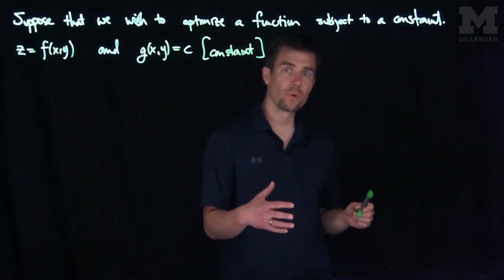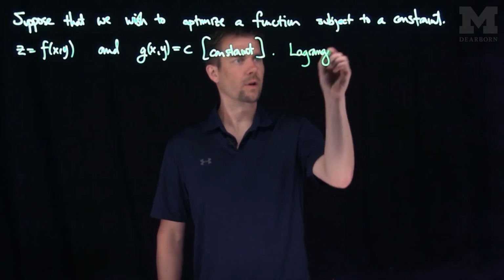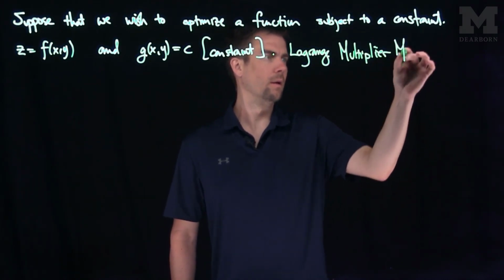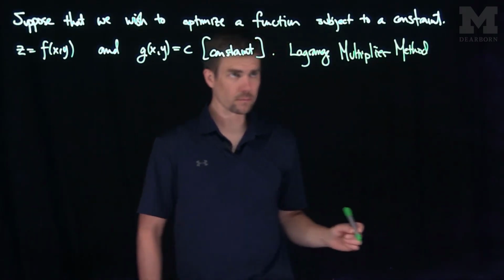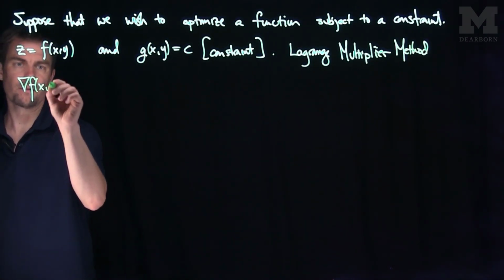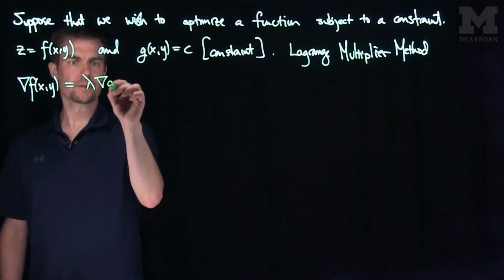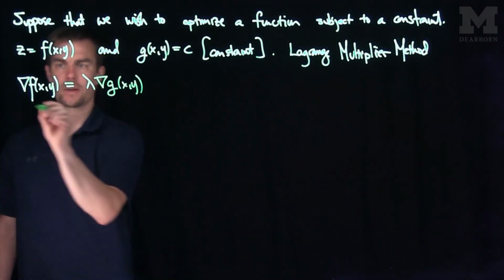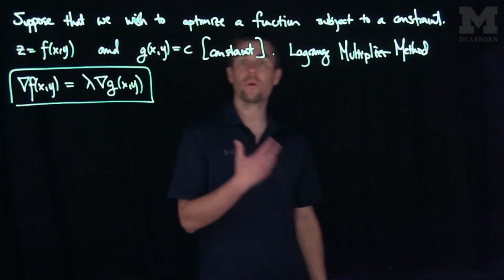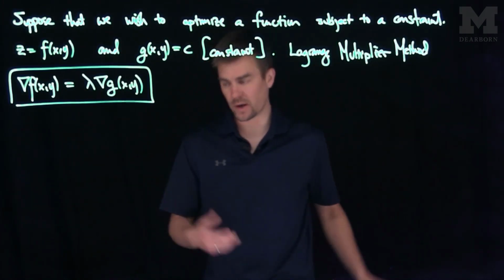The Lagrange multiplier method states that the gradient of f of x y is proportional, lambda, to the gradient of g of x y. And if we can solve this equation for lambda, x and y, then we'll find the maximum value of the function f subject to the constraint g of x y is equal to c.